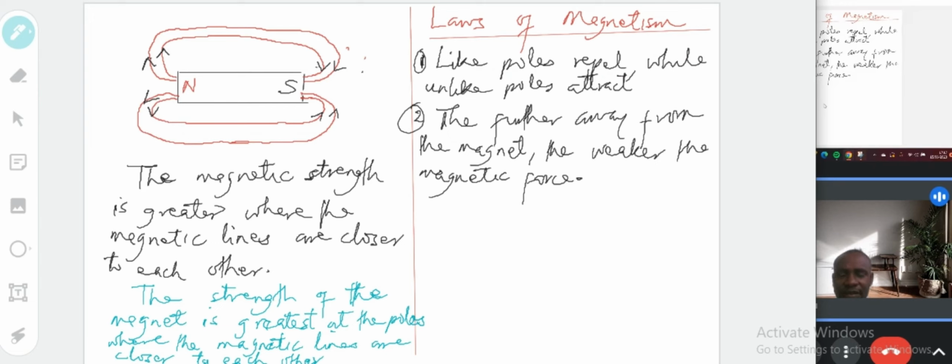They push away from each other. But when you have north and south, they will attract. That's unlike poles. Did you get that?